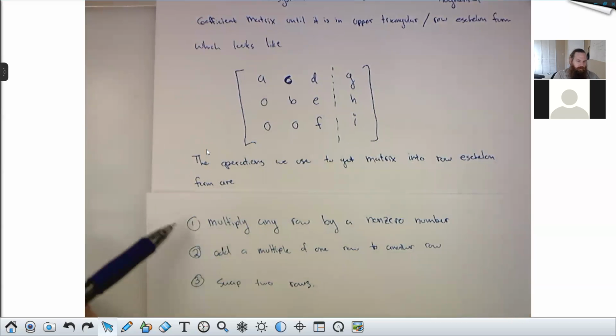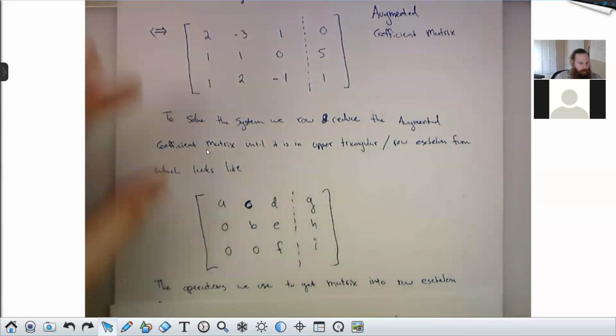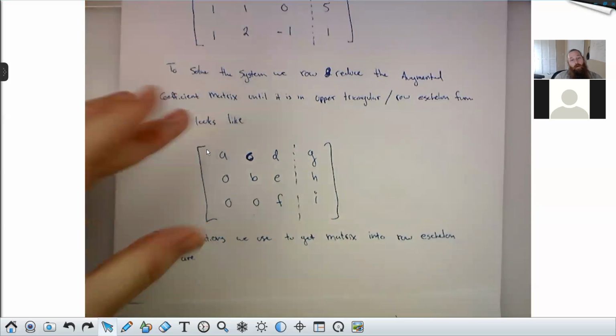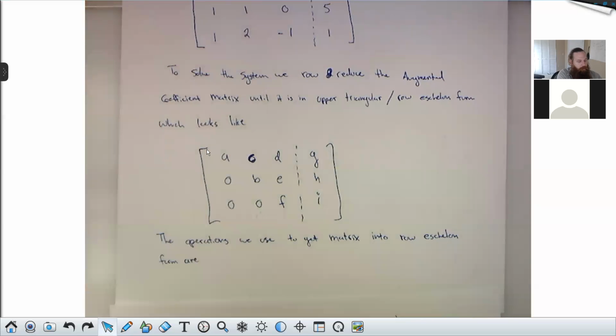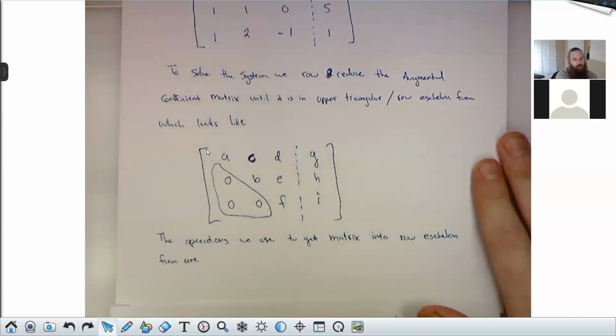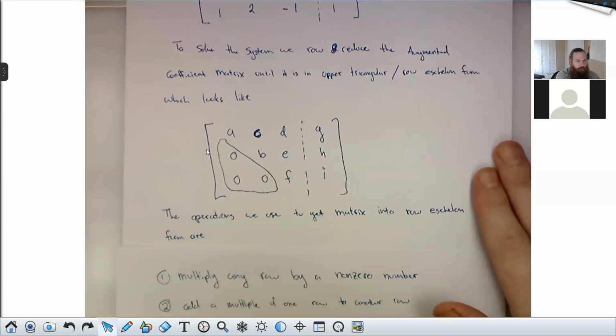You're going to use these three operations and follow a specific algorithm that I'm going to teach you today to take your arbitrary matrix, whatever you started with, and get it into this form. Once you get it into this form, where everything below the main diagonal is all zeros, then you'll be in a situation where you can read off the solution.